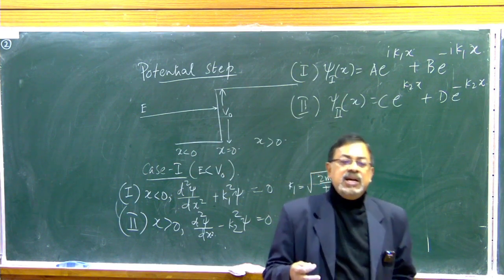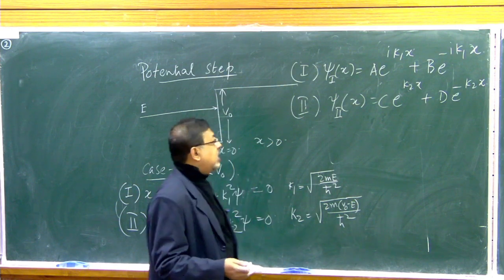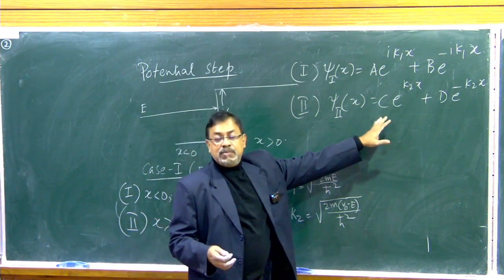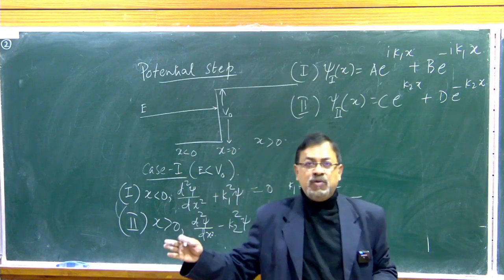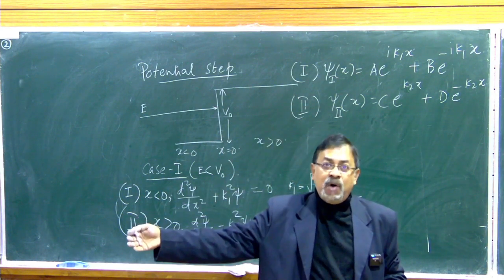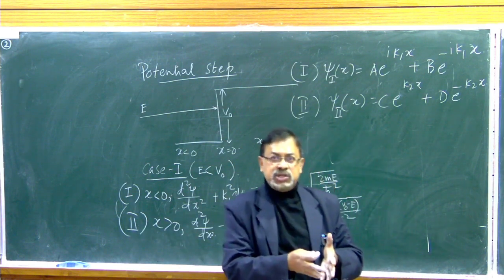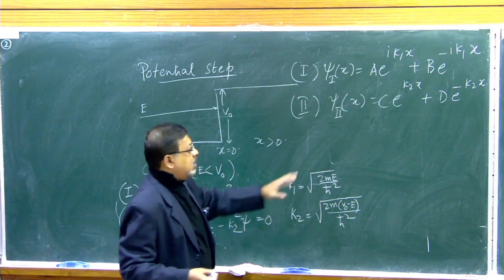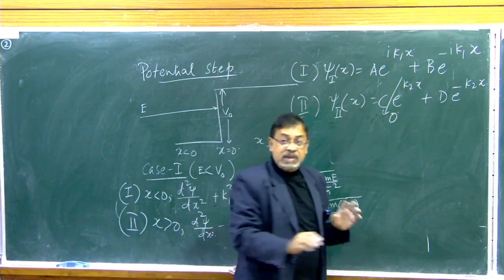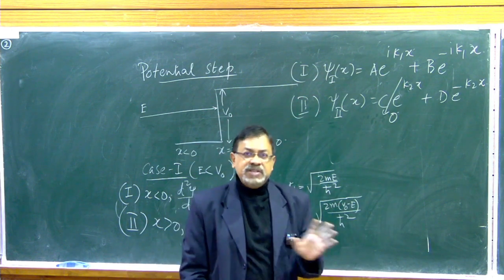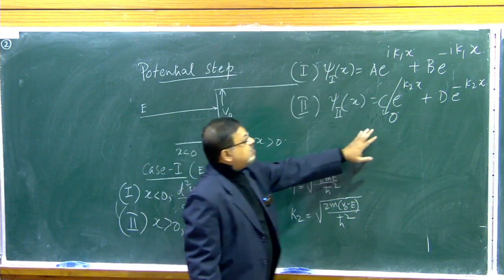That is, the wave function itself cannot be normalized if one term blows up, because you see the mod square of the wave function integrated over all space will have to become 1. If some term diverges, then it will prohibit the integral from becoming 1. So this term has to be dropped because, even if it is mathematically allowed, it is not physically allowed, and we are doing physics. So that is why this term can be dropped.